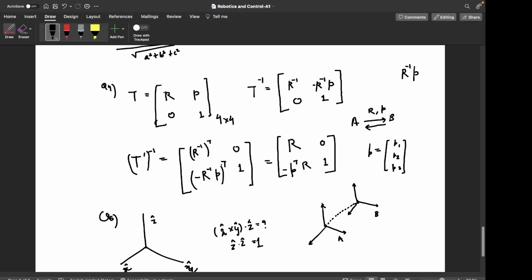In frame A it would be different, in frame B it would be different. So to change the description of the P vector, we are again coming back using R inverse, right?